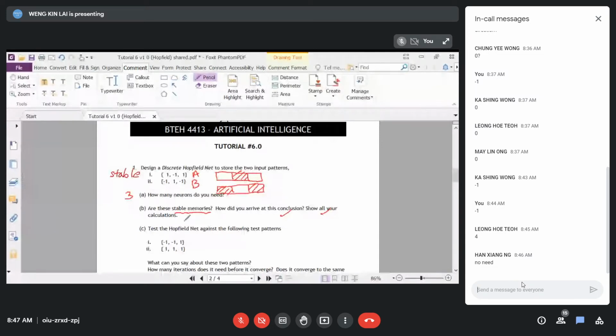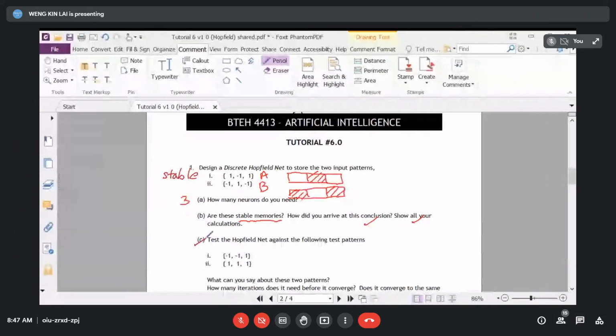Now part C, you're asked to test the Hopfield net that we have built with the following two test patterns. Obviously, these two are new, right?